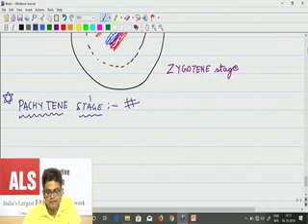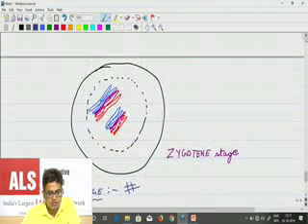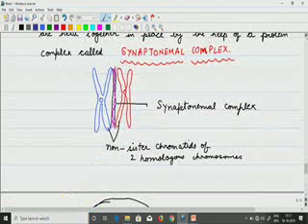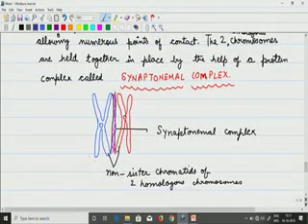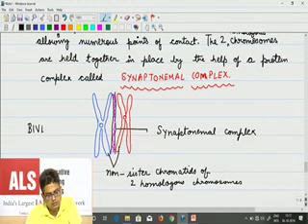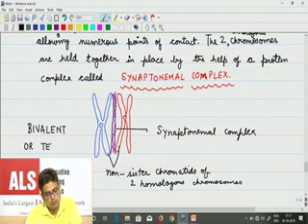One more thing. In zygotene stage, in this diagram, there is one more thing I need to tell you. This is called the bivalent or tetrad stage of chromosome.